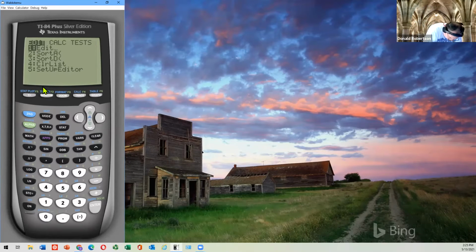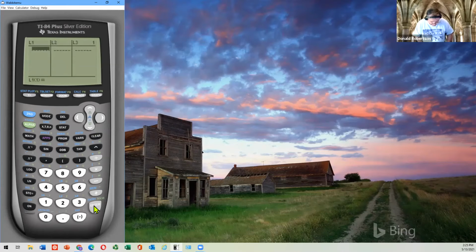I'll write that down so that when I return to my screen, you'll see it. You then choose number 1, called Edit. It's already on number 1, which is nice. But if you had to choose things, you would move this around. So you hit Enter. Now you should be looking at a table that looks just like mine.